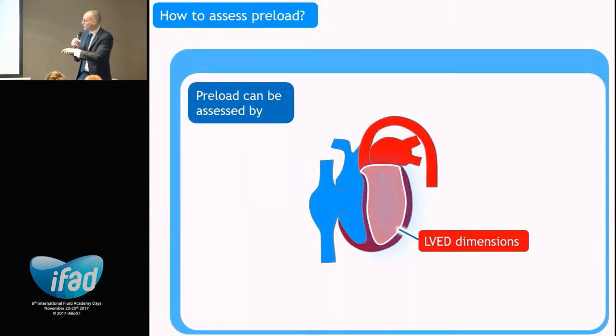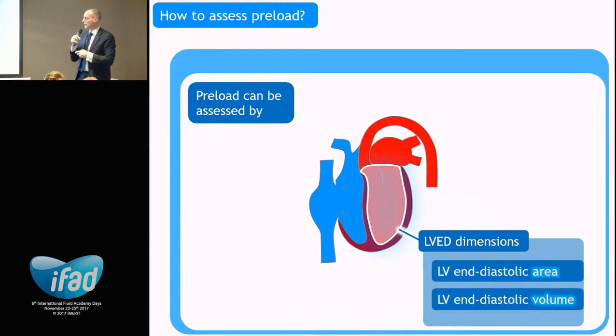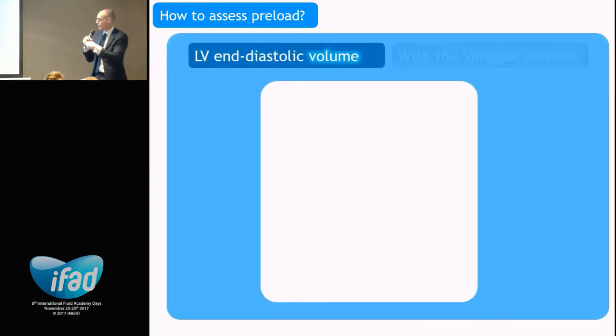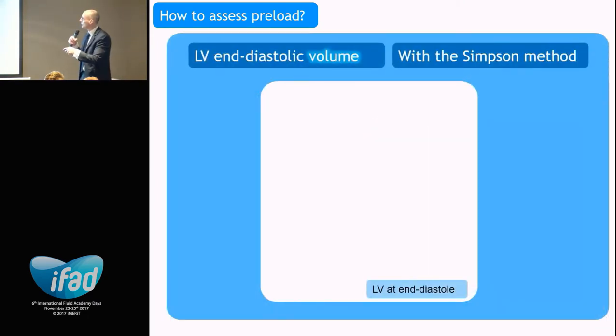Then you can also assess the LV end-diastolic dimensions. I will not insist on that because it's the source of many errors. To measure the LV end-diastolic dimensions, you will measure either the area or the volume. For instance, with the volume, you will use the Simpson method, the same you will use to assess the LV ejection fraction.